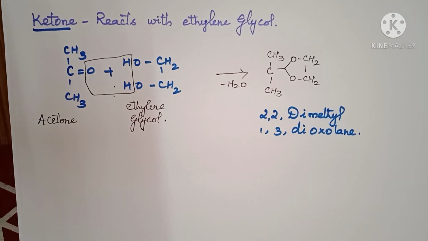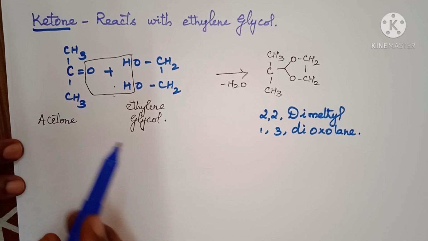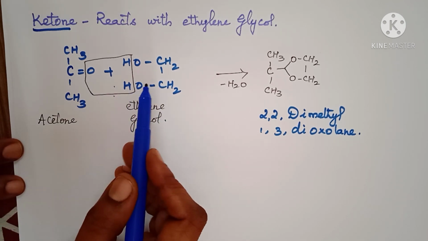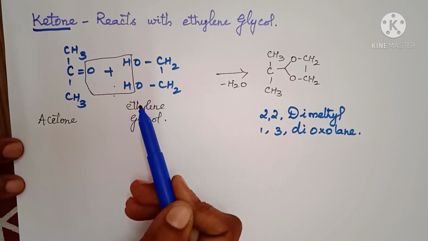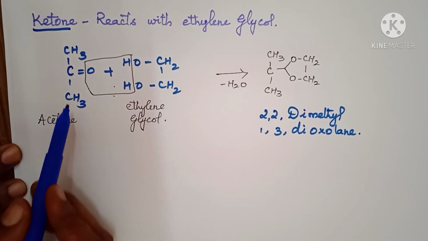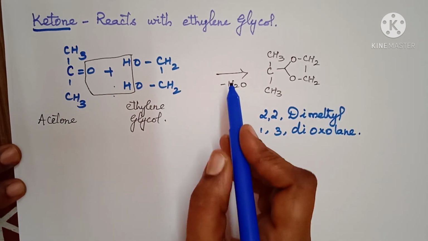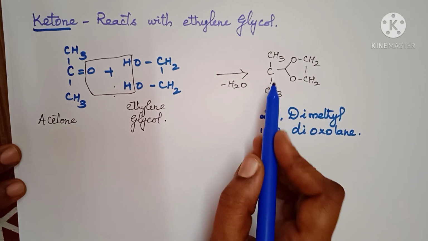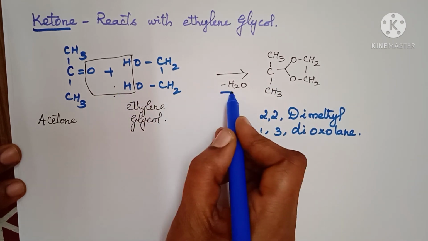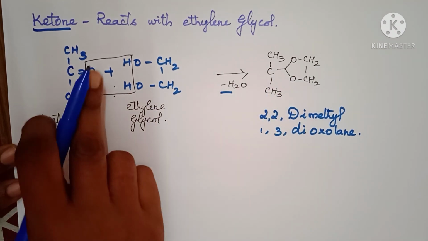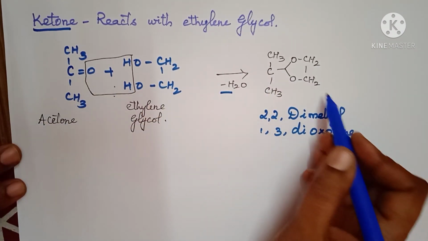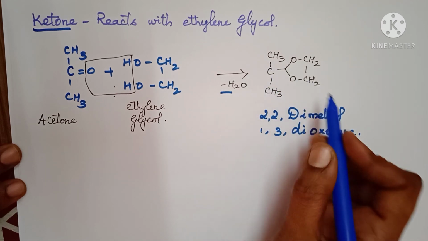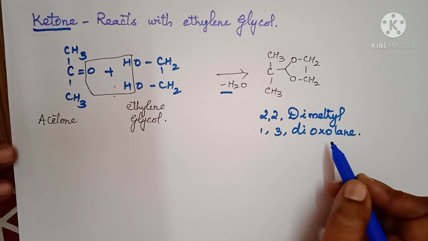Now come to this point, I'll tell you once again. This acetone reacts with glycol. This is also one kind of alcohol only, a diol, they will say. So it is a glycol which reacts with the acetone. Directly you will get the product. The same way, you just remove the water molecule and there you will get the product, 2,2-dimethyl-1,3-dioxolane.